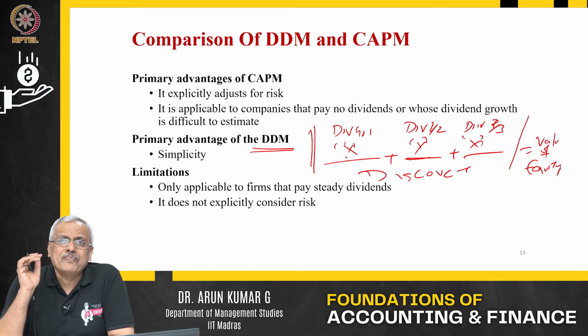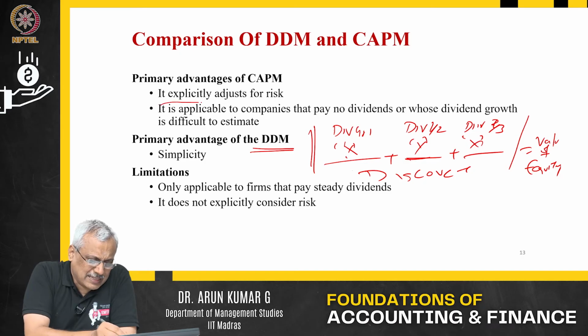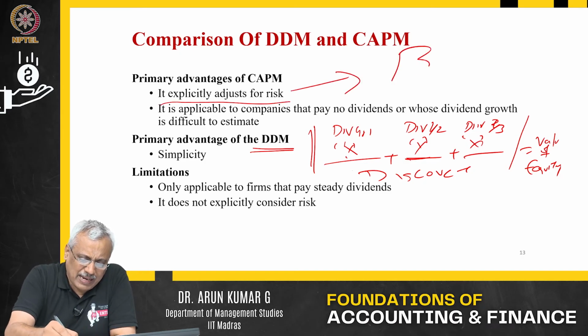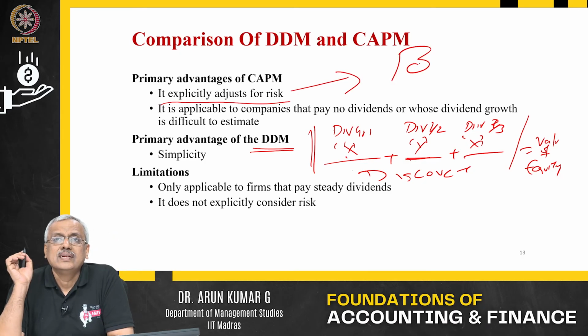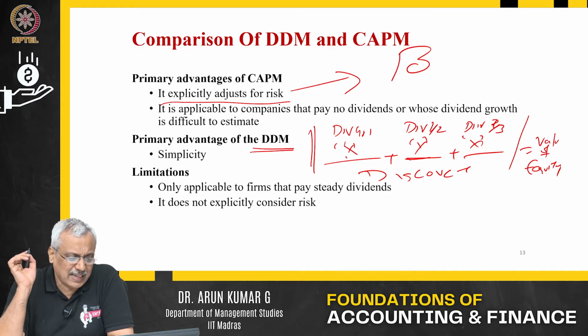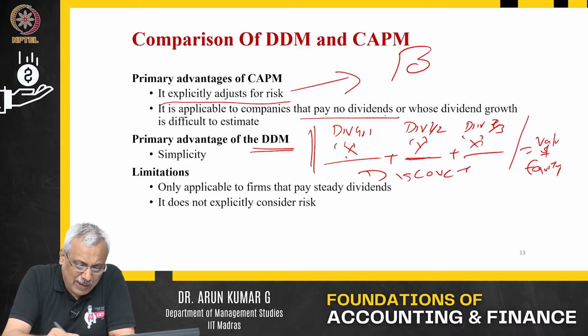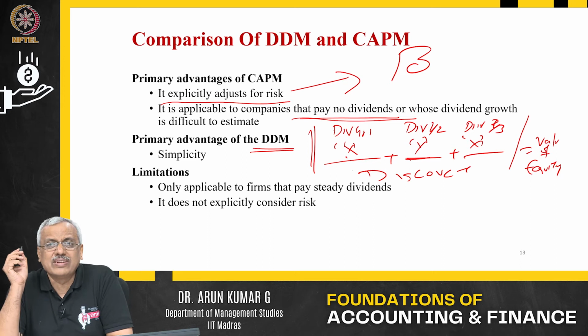Whereas when you take CAPM, CAPM explicitly adjusts for the risk. How? By beta. And it is applicable for companies that pay no dividends. Many companies don't pay dividends, they keep reinvesting.